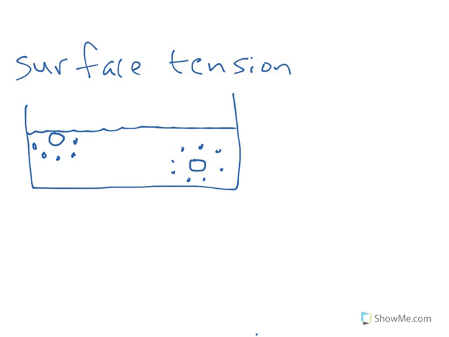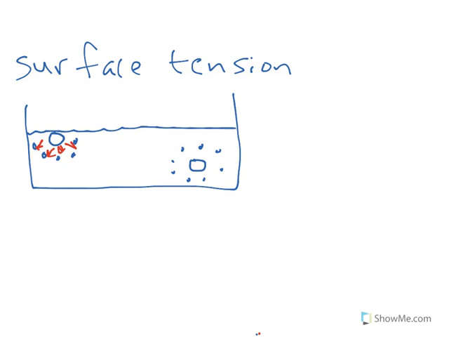So we have two different scenarios here. A water particle at the surface is experiencing a different environment than a water particle below the surface. As we know, the intermolecular forces, especially those with water, are quite significant. So I can imagine that the surrounding water particles are pulling my particle at the surface in a net downward direction.